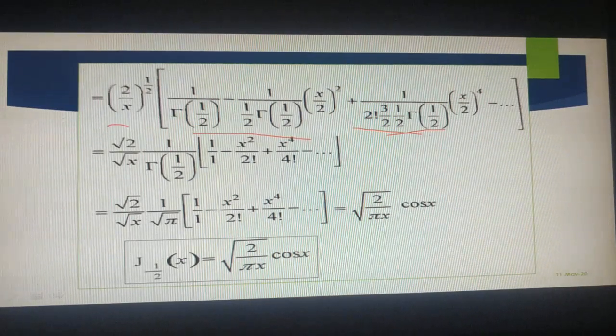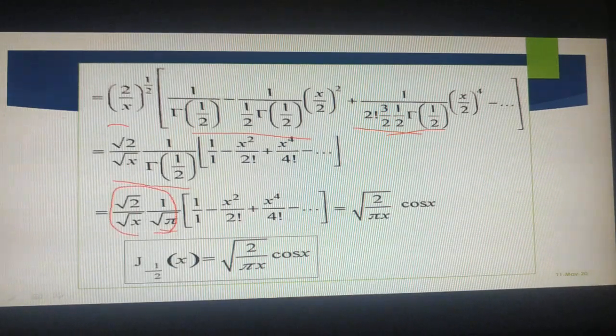In all the terms, again we got gamma 1 by 2. We will take it outside. What is the value of gamma 1 by 2? That is root pi. So 2 by x whole to the power of half means root 2 by root x. So this term will be root 2 by pi x.